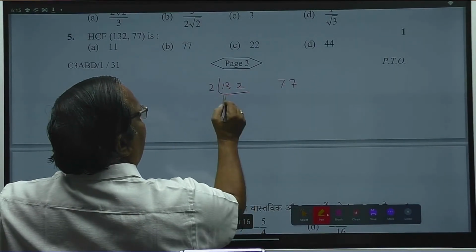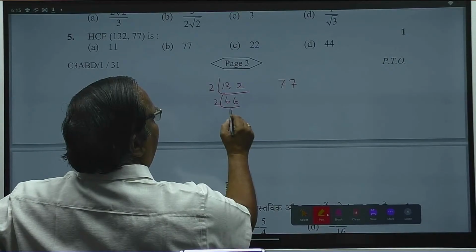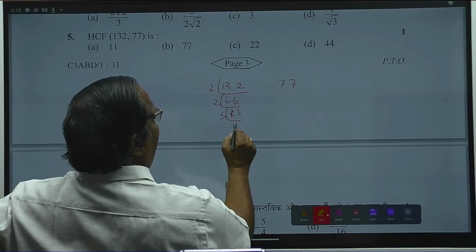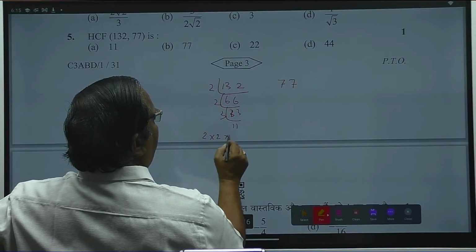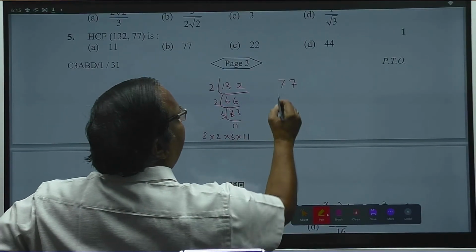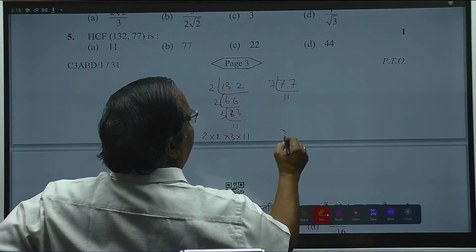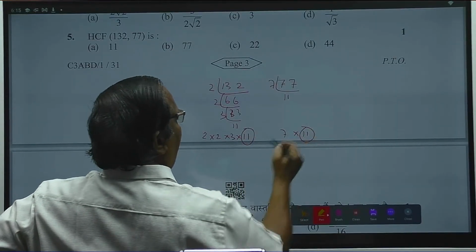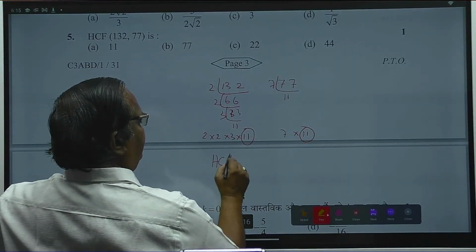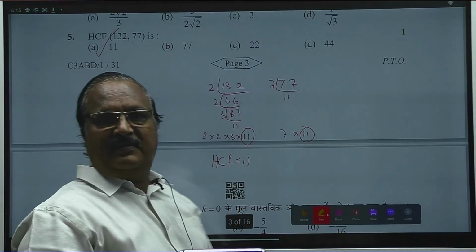So 2, 66, 2, 33, 3, 11. So 2 into 2, 3 into 11. This is 7, 11. So 7 into 11. So now 11 is the common. So HCF is equal to 11. So 11 is the answer.